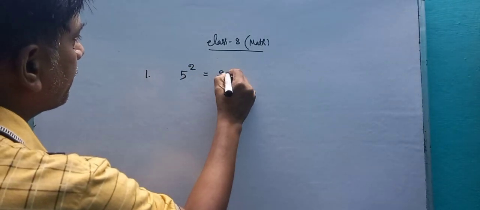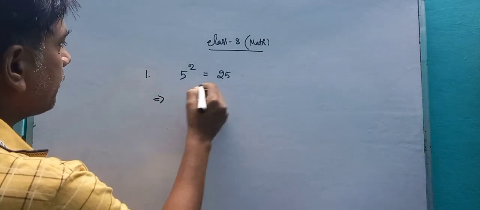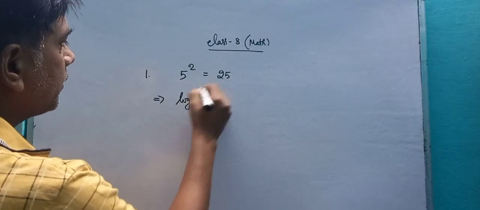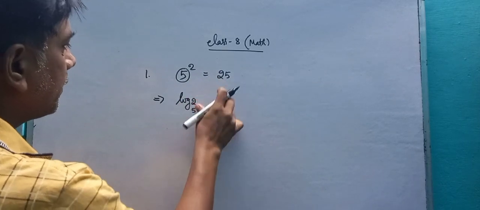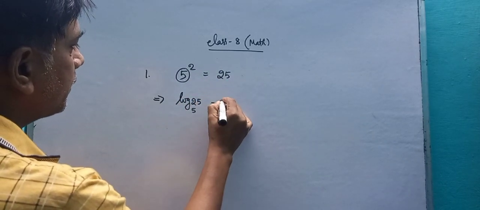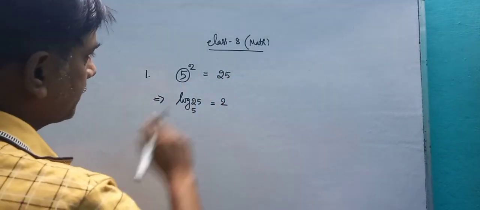First question: convert the following to the logarithm form. This is called the indices form: 5 square is equal to 25, we already know. So the logarithm form will be log 25 with base 5 is equal to 2, where the power is 2.